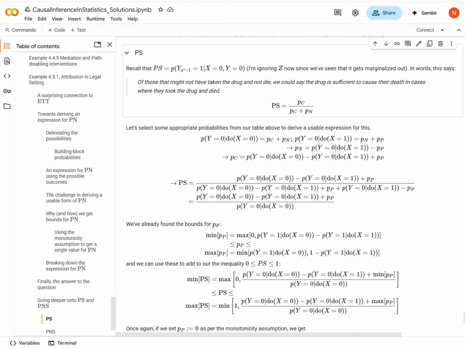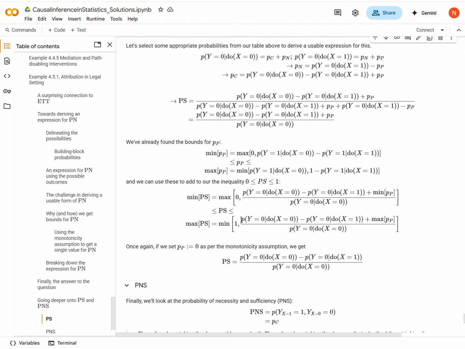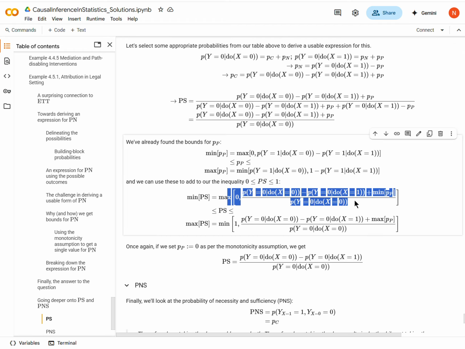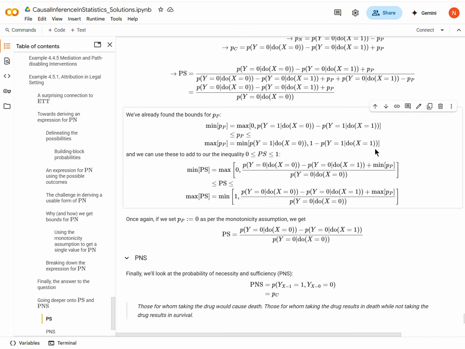Also, people who wouldn't have died anyway, okay. So we get this expression for PS, and then we can churn through, and once again, we get boundaries for PS. And then if we apply the monotonicity assumption, again, that nobody is prevented from dying by the drug, then we get a solid expression for it.